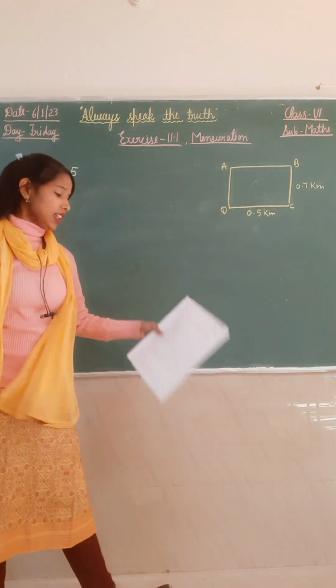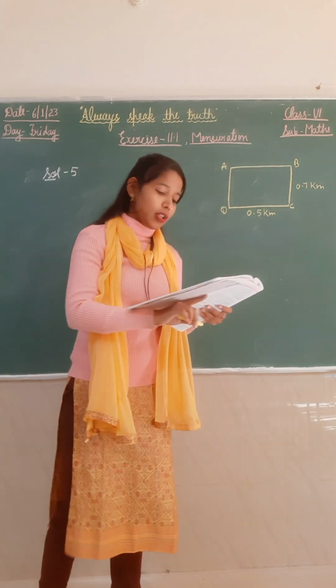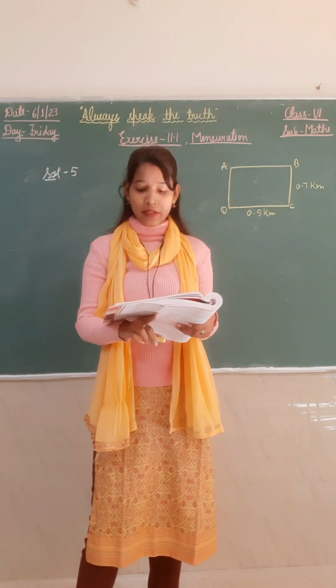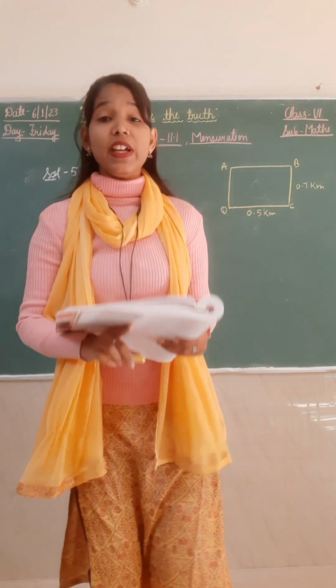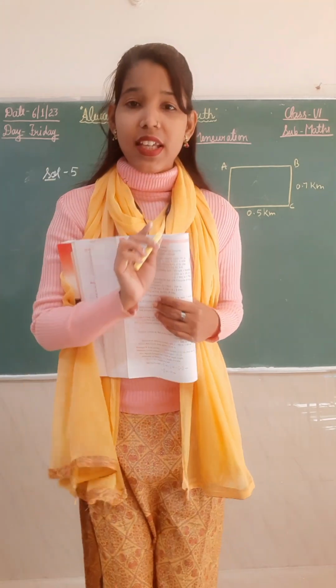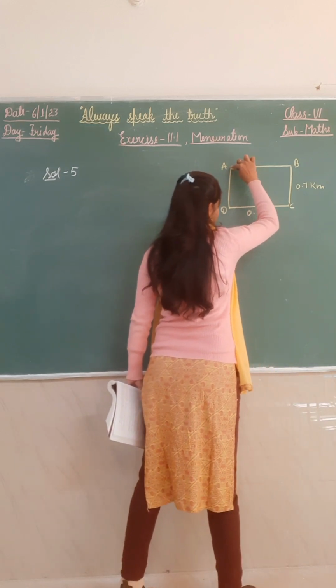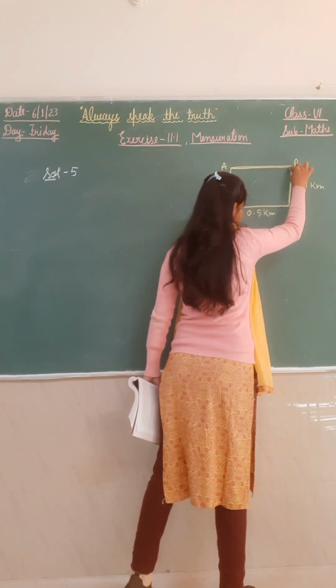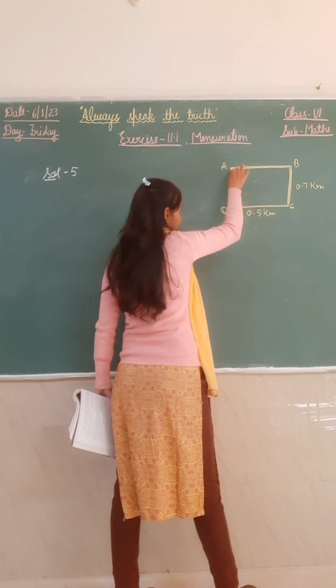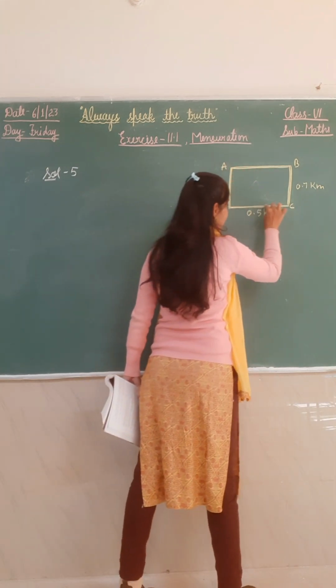Okay, what is it saying here? The question is saying that a rectangular piece of land measures 0.7 kilometer by 0.5 kilometer. Each side is to be fenced with 4 rows of wire. So when we do fencing, look here, where is fencing done? On the boundary, right?